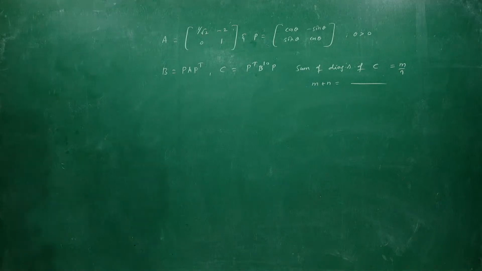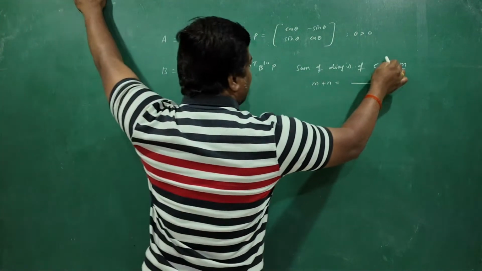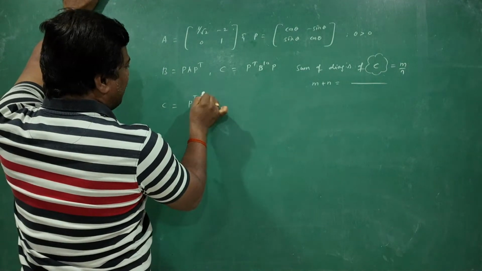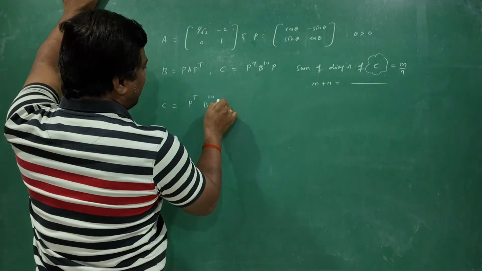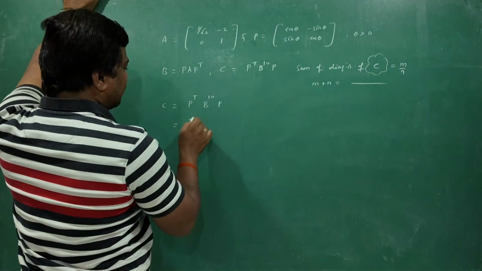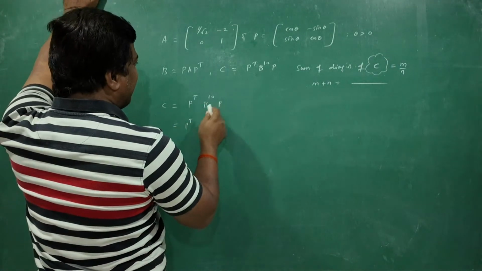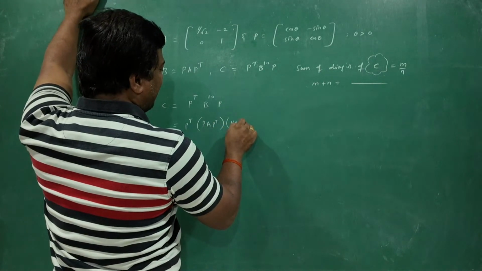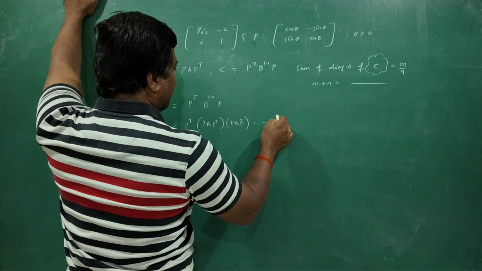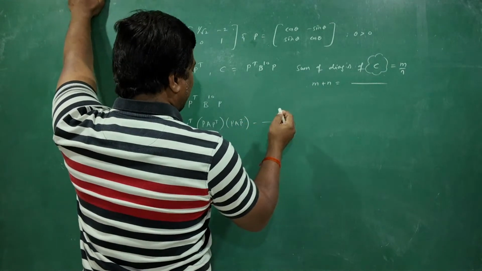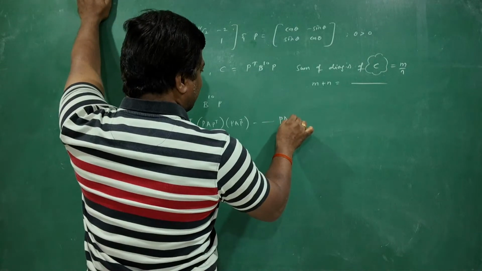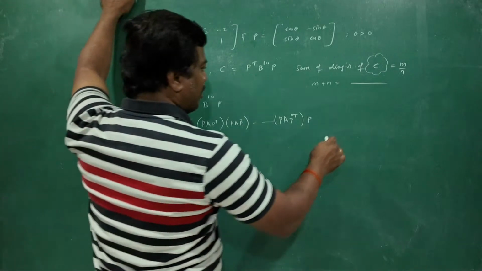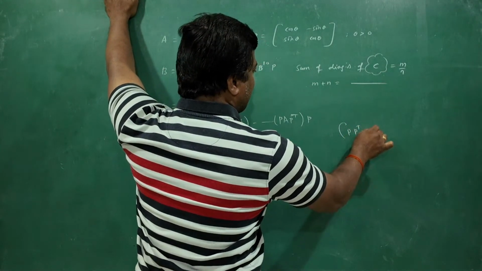See, you need to find matrix C. C is clearly P transpose B power 10 P. P transpose B power 10, B 10 times, PA P transpose, PA P transpose, and so on 10 times into P. Also here the 10th time I am going to write P. We know that P transpose P equals I. Why?